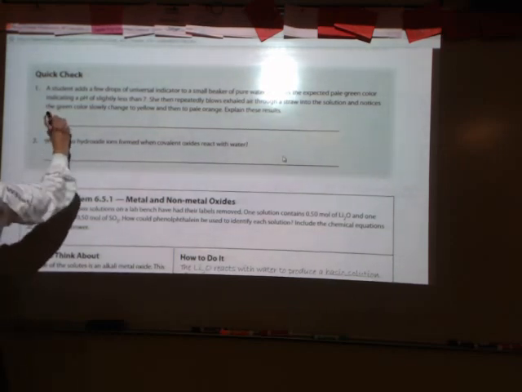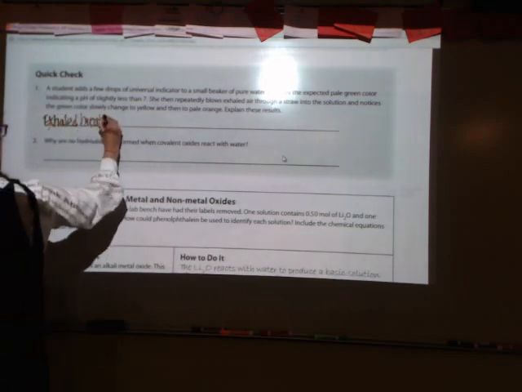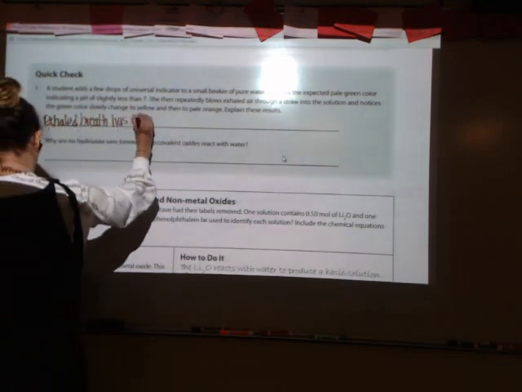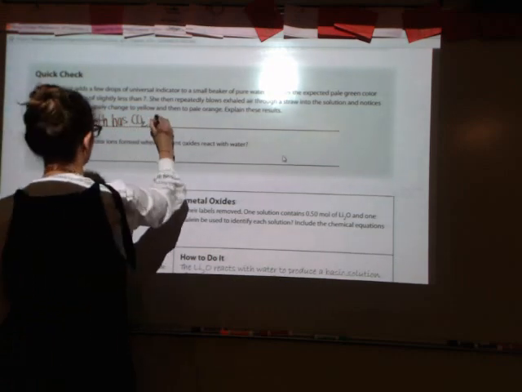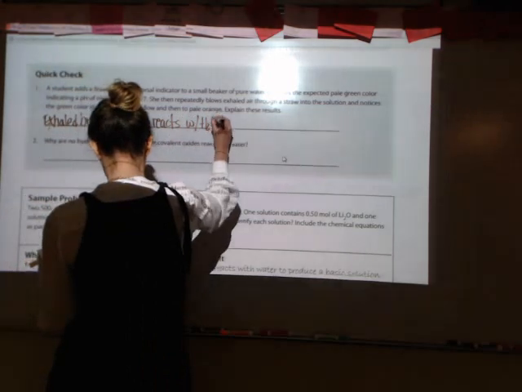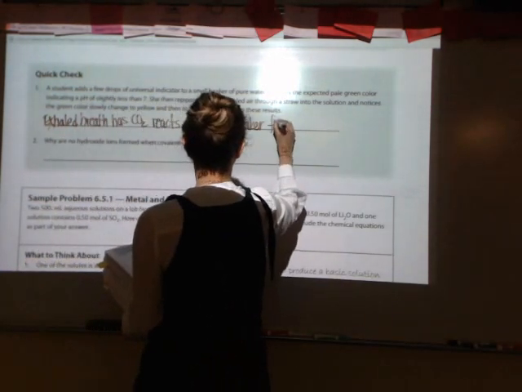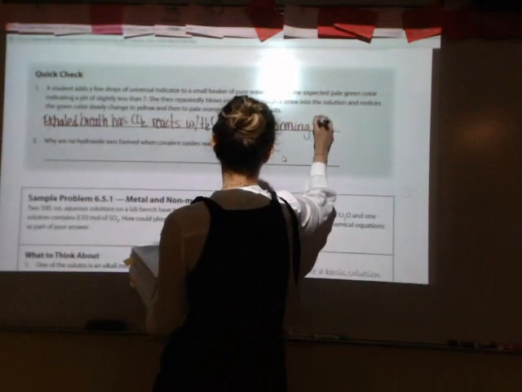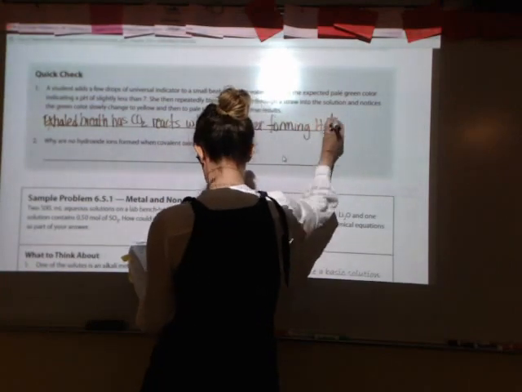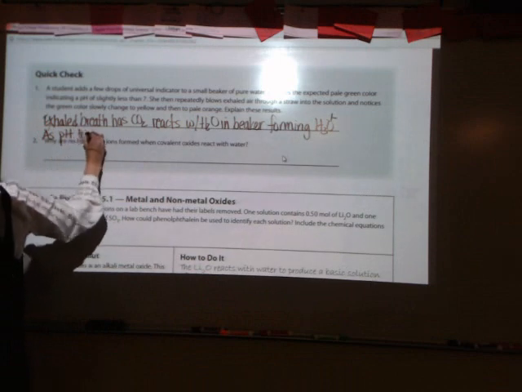Well, the exhaled breath has carbon dioxide. And that carbon dioxide is going to react with the water in the beaker, forming a hydronium ion, which is going to make it more acidic. So as the pH lowers, the universal indicator changes color.